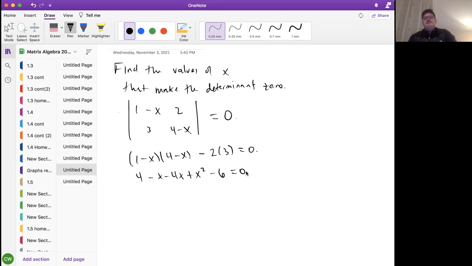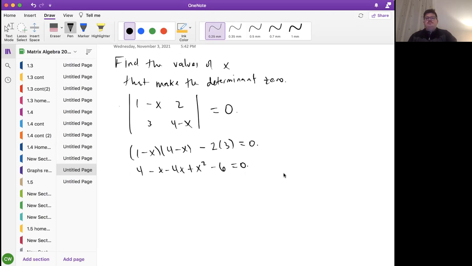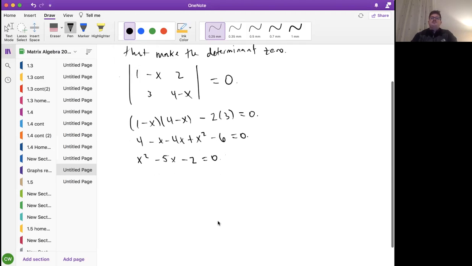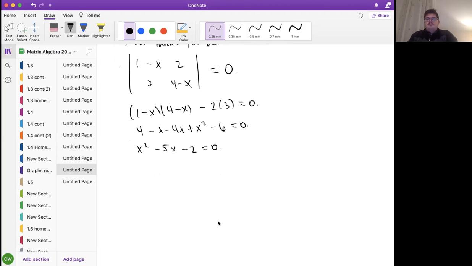How do you solve this equation? True, that would mean equals 6. But solving quadratics, yeah, simplify. What would this make? Negative 2. How do you solve quadratics? Quadratic formula, okay.